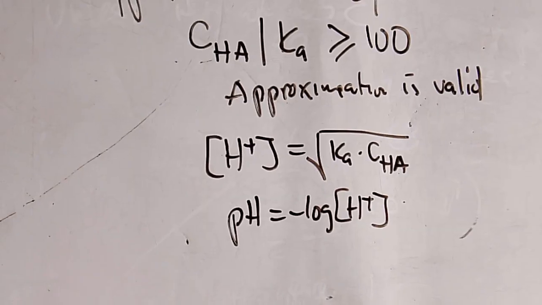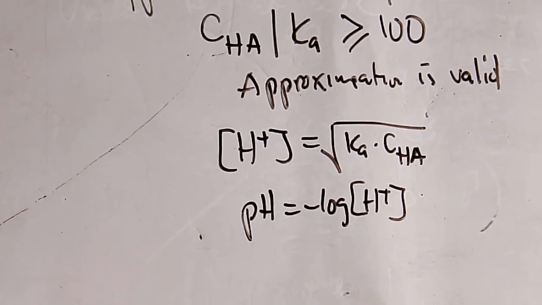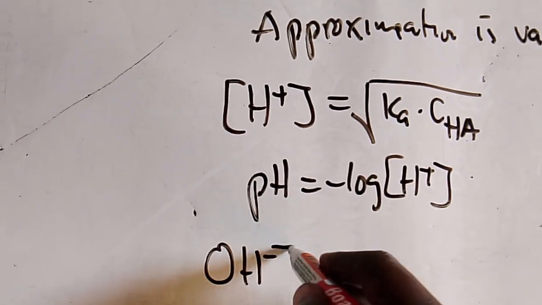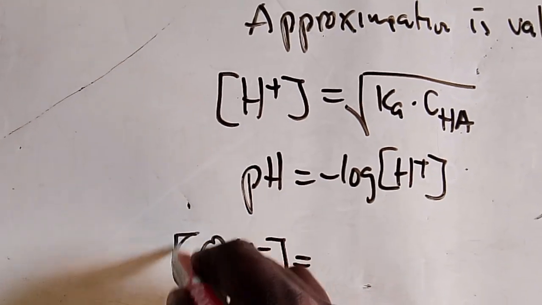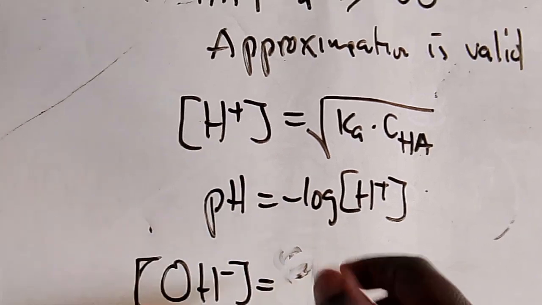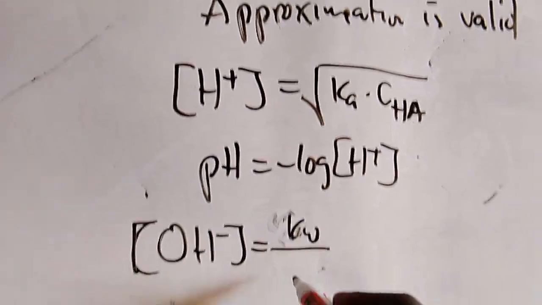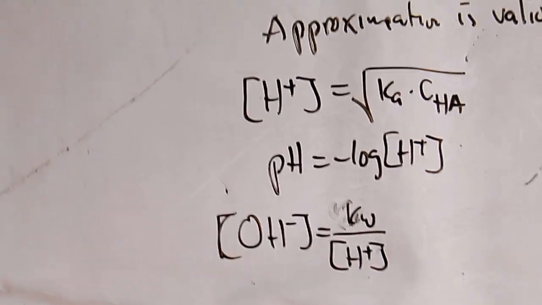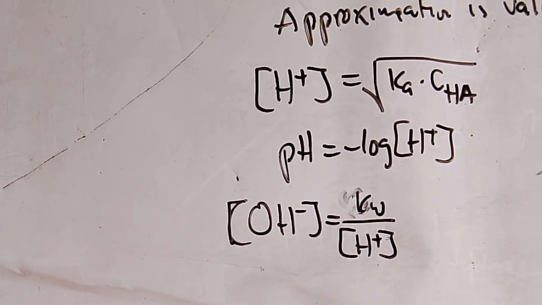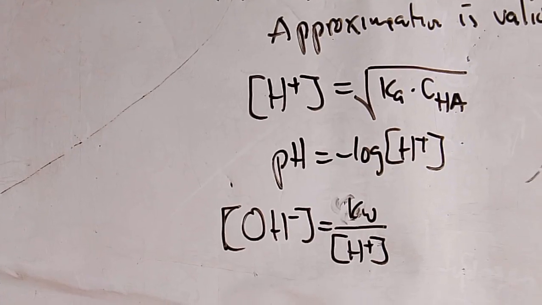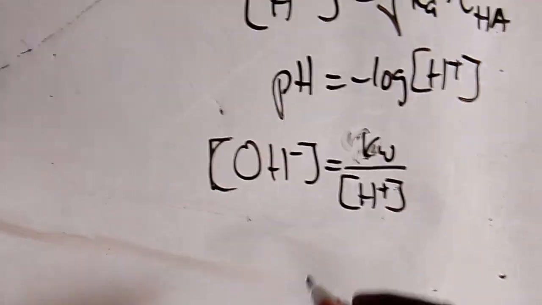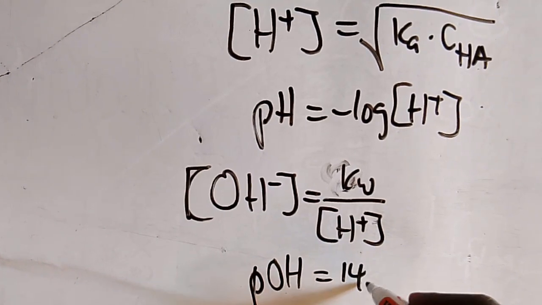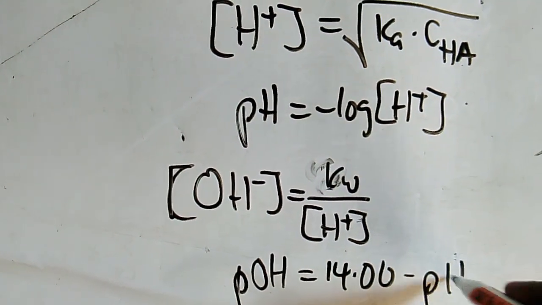Then from there we know pH equals negative log of hydrogen ion concentration. Then we can also calculate OH. We know OH can be calculated from Kw over hydrogen ion concentration. You know this equation. Then we can calculate pOH, which equals 14 minus pH.